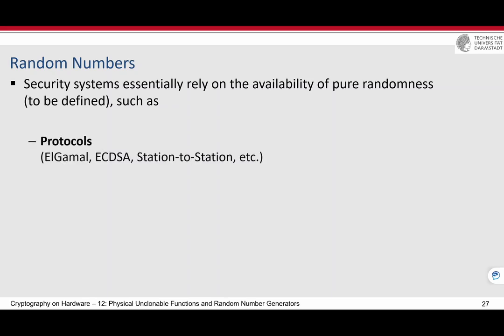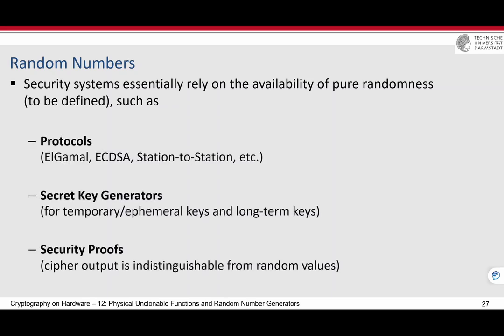We know that many systems actually depend on random values, like some protocols, like the secret key generation. For example, you have seen that we need to have a PUF to generate the key, but how about generating some random numbers, for example, for protocols like the Diffie-Hellman key exchange protocol? Then you need to generate some randoms.